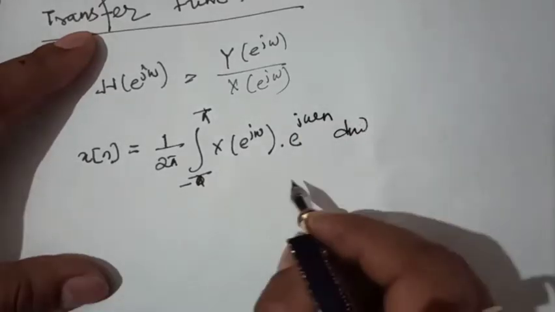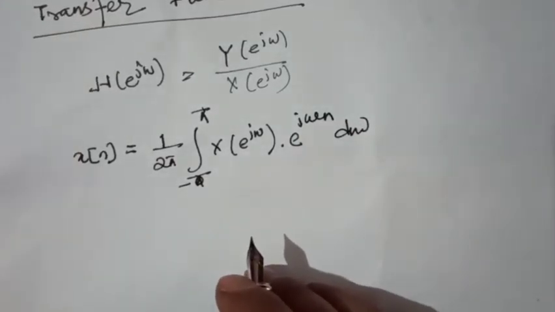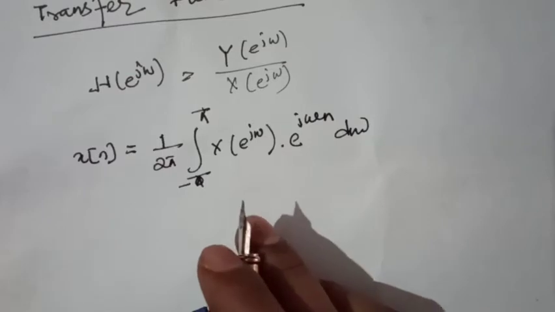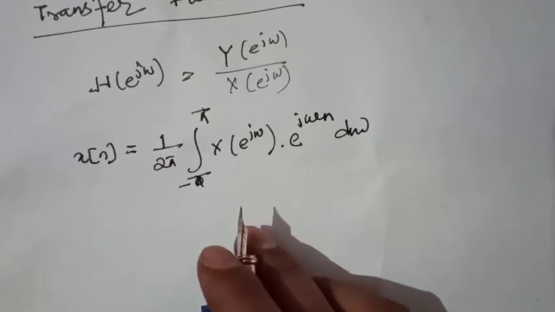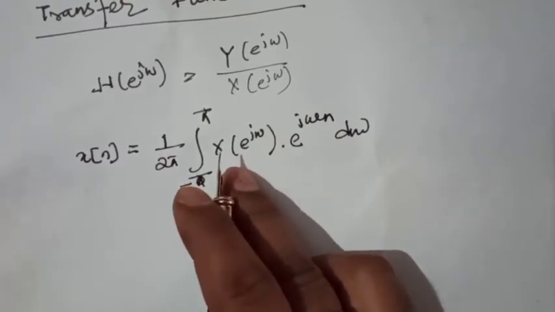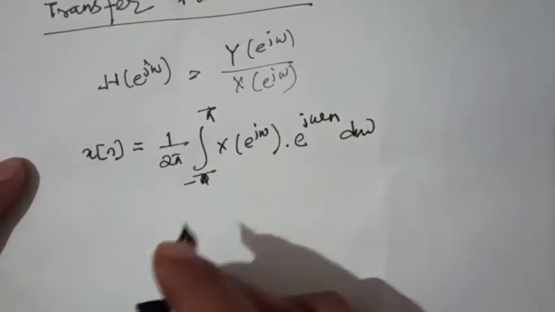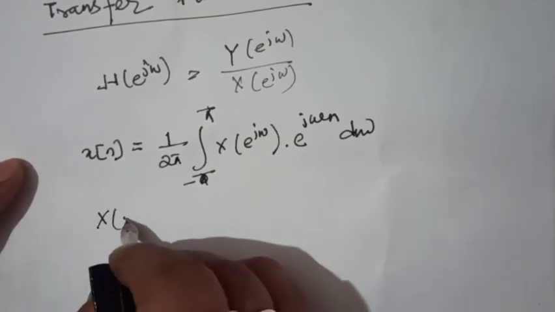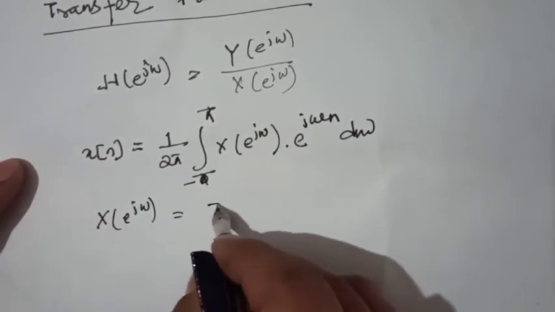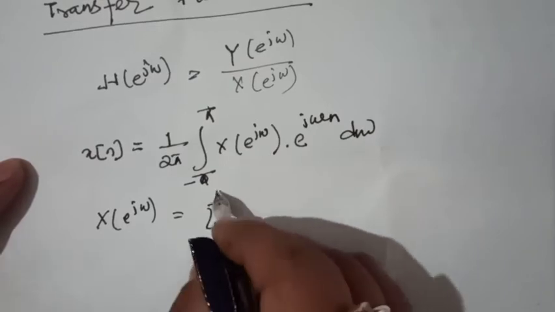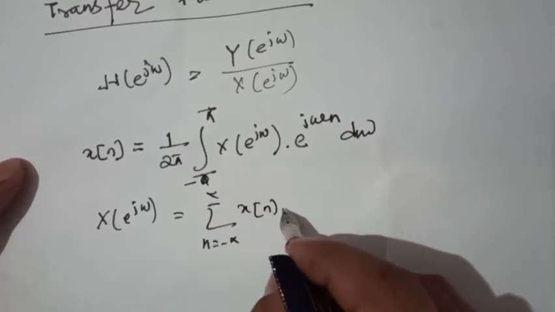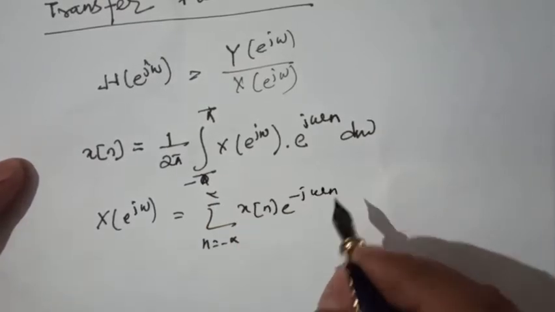This is nothing but the inverse DTFT formula. For any arbitrary input x of n, we can represent it in this form, where x of e to the power j omega is the DTFT of x of n, which is defined as summation over n from minus infinity to infinity of x of n e to the power minus j omega n.